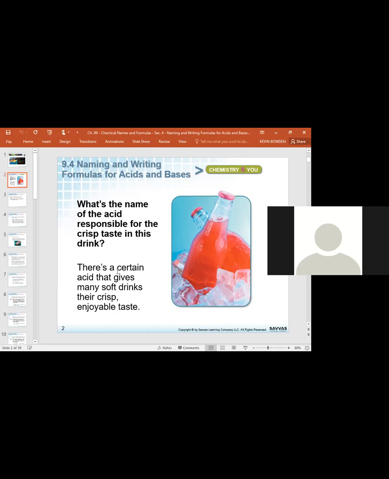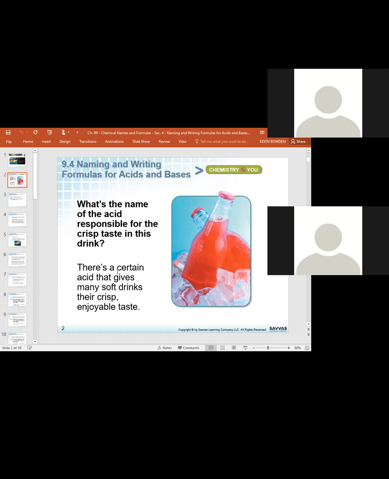I think I've showed this to you before, but you've got your nutrition facts here. And I'll read the acids that we've got there. We've got phosphoric acid. And phosphoric acid is going to have which element at its core? Phosphorus, exactly right.